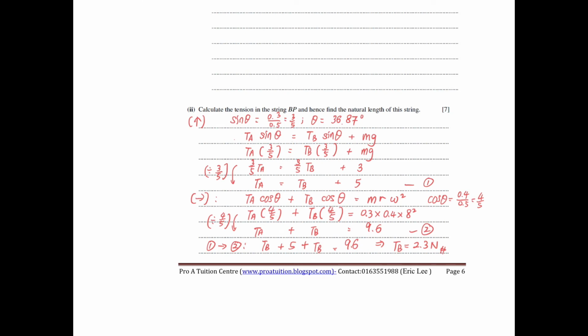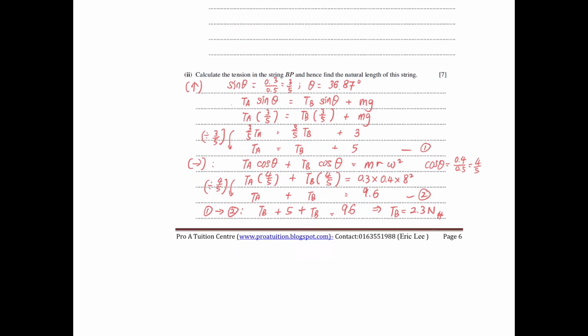Now we need to find the natural length of this string. As we know, it is an elastic string, so we can use the formula TB equal to lambda x over L. The TB is 2.3, lambda is 46.